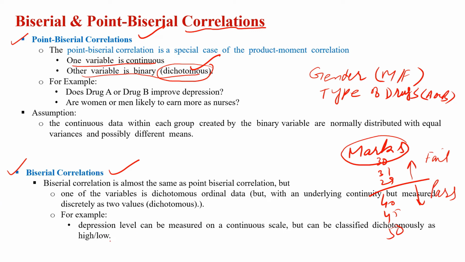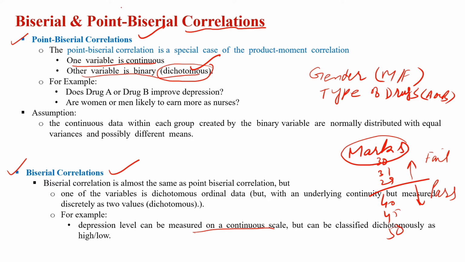Similarly, another example is depression level. Usually we measure it as continuous, but we can classify it as a high depression level or a low depression level. So in such cases we can apply the biserial as well as the point biserial correlation coefficients.